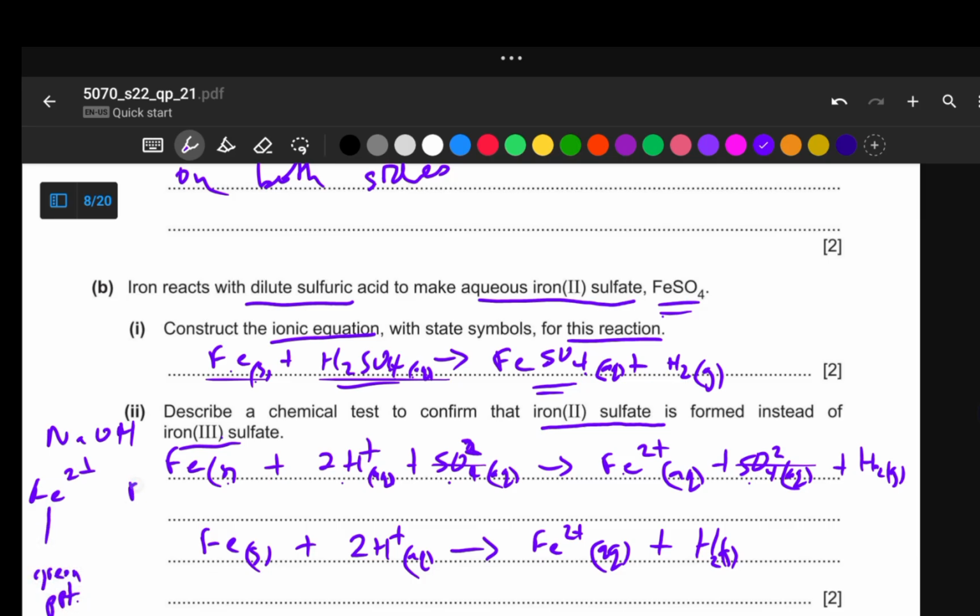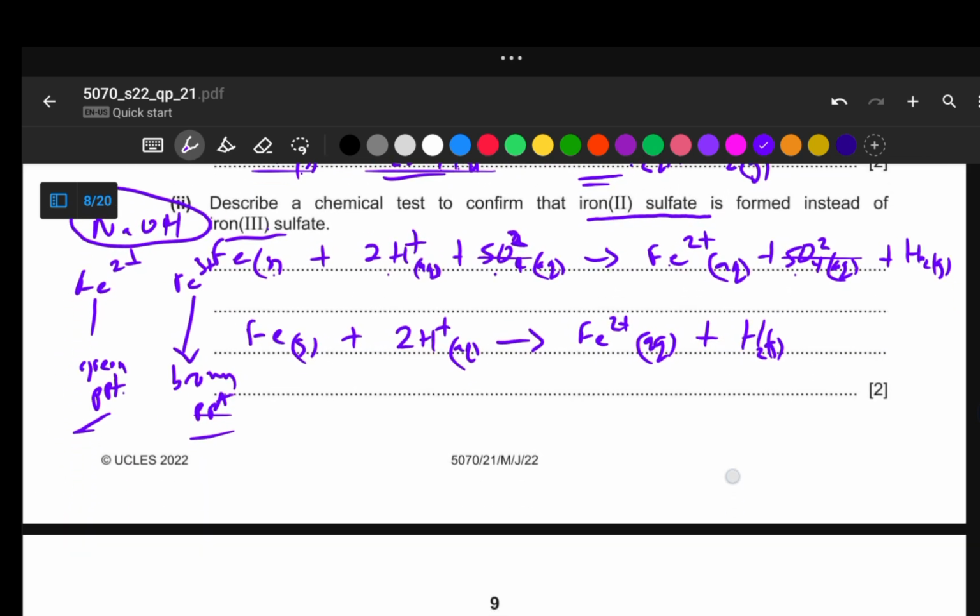And then iron 3 is going to give us a brown precipitate. As simple as that. So first you need to know the chemical reagent and then the expected results. Are we together? And then we now move on to the next part of the question.